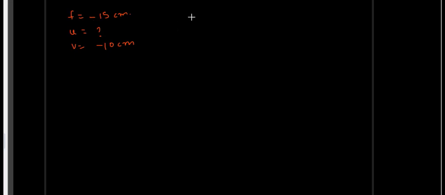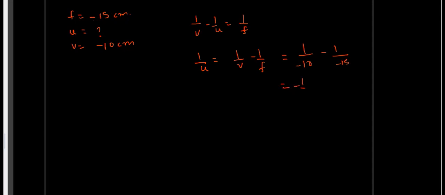All right, now let us do the question with the formula 1 by v minus 1 by u is equal to 1 by f. What do we need to find out? u. So we'll make u the subject of the formula. So 1 by u is equal to 1 by v minus 1 by f. If you put it, it will be minus 1 by 10 minus the focal length, which is already negative, so minus 1 by 10 plus 1 by 15.